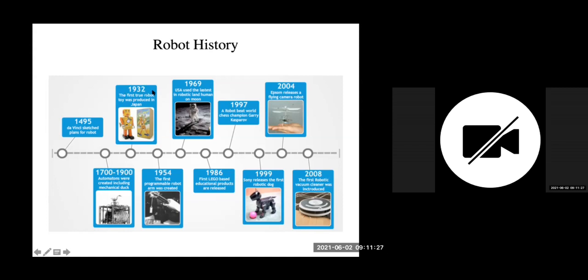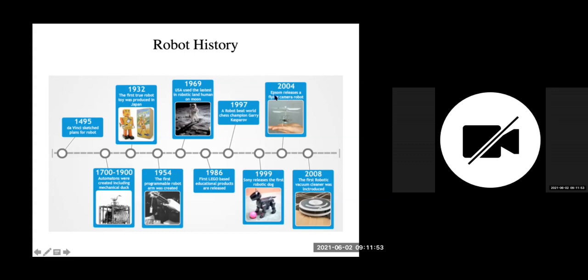In 1932, for example, the first true robot toy was produced in Japan, and in 1954, the first programmable robot arm was created. You can see a lot more activity since then, because computers became available, and we also have a lot of advancement in control, computation, and hardware.